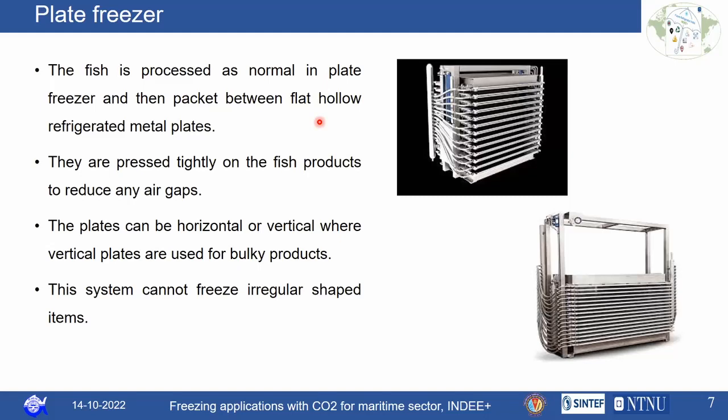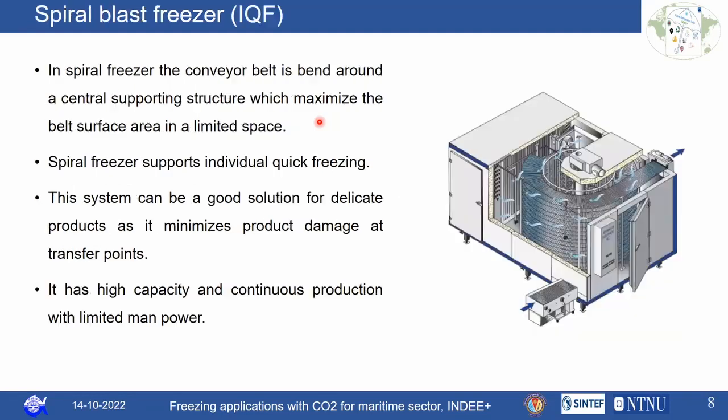These plates can be of different types. It can be a horizontal plate or a vertical plate. Mostly in the seafood industry in Kochi and this area, they use horizontal plates. But for bulk, larger products, they can go for a vertical system. The disadvantage of this system is that you cannot use it for irregular shaped seafoods.